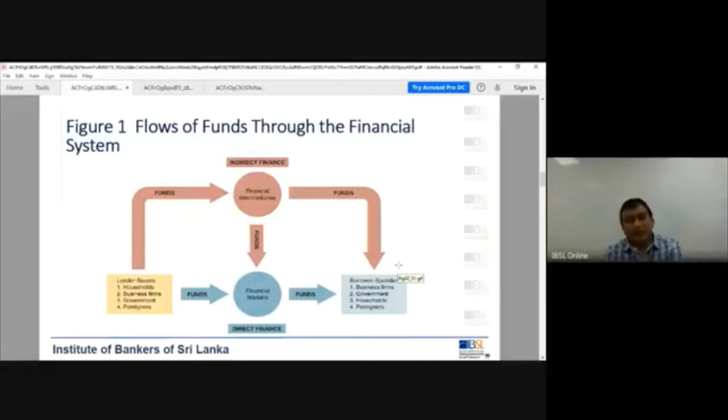So the funds are being channeled now, not directly, but indirectly, where there is the presence of a financial intermediary, and the financial intermediary is the one who establishes the contract with the ultimate user, that is the borrower here.